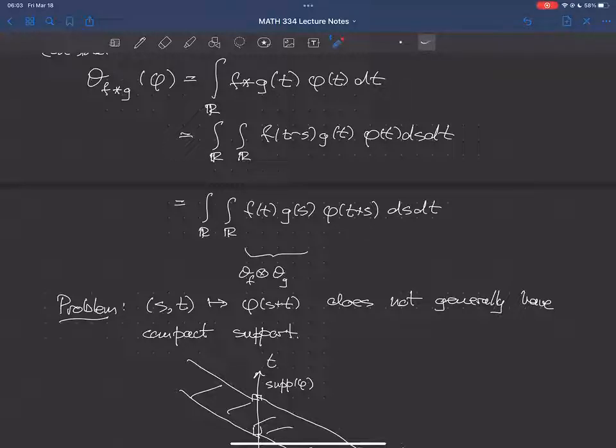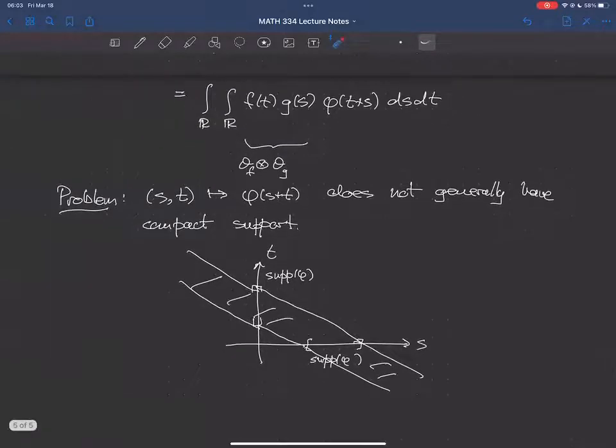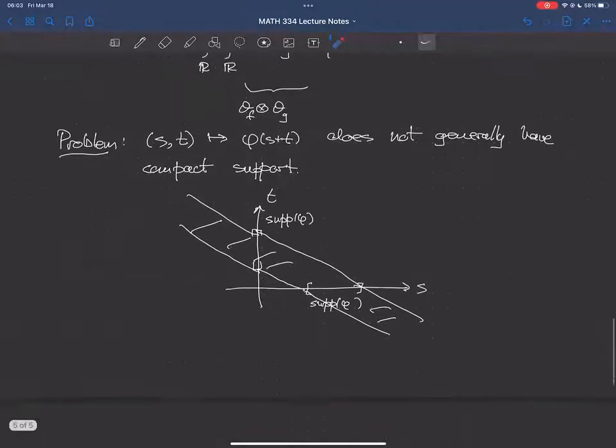Now, a common way of doing that is to assume that one of these two distributions itself has compact support. If that's true, then that obviates the problem here, because let's say it's this distribution which has compact support. Its support is going to interact with the support of phi, and so you only have to worry about a compact subset. But that's very unsatisfactory.